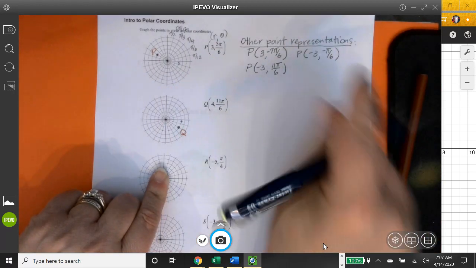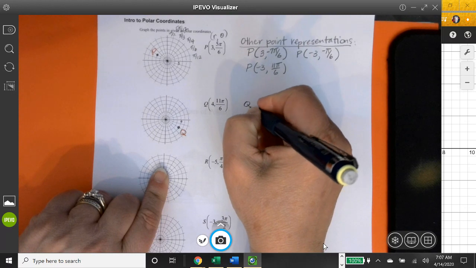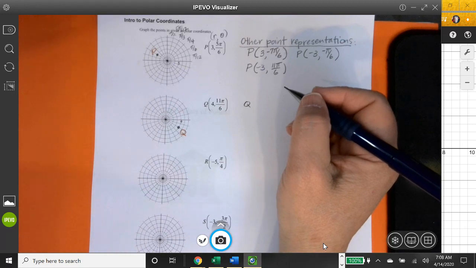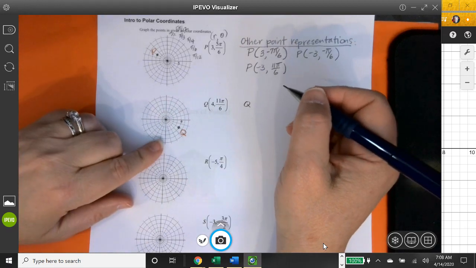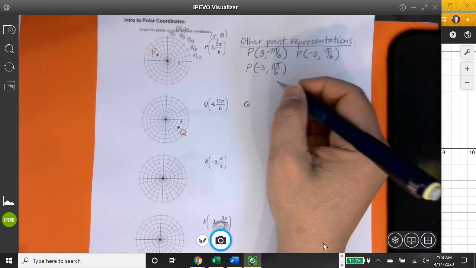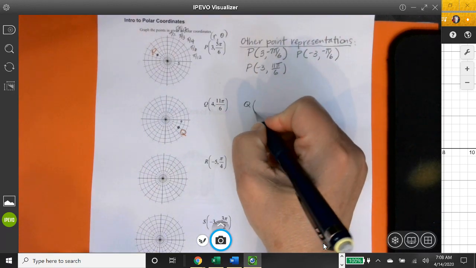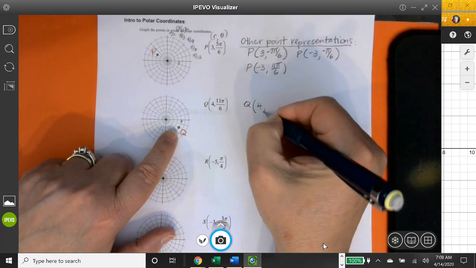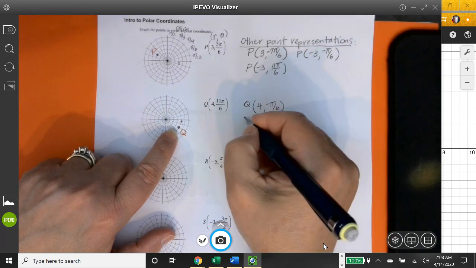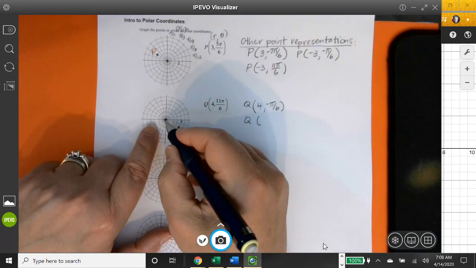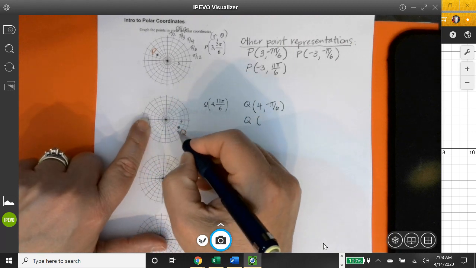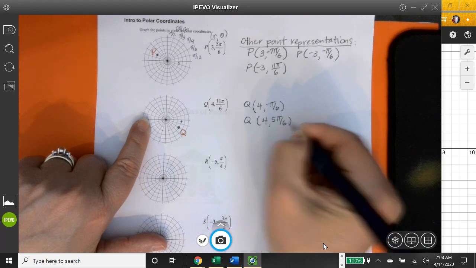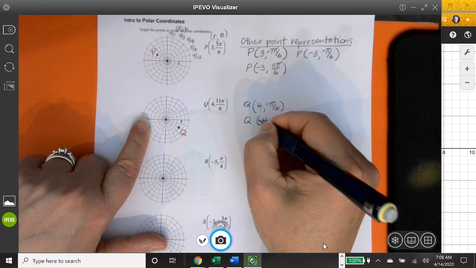All right, now what are my other point representations? I'd like you to pause the video, and you do it, and then check your answers with mine. Oh, welcome back. All right, here we go. So Q could also be represented by, if I go out radially 4 and I go clockwise, negative pi over 6. And then I could also go out negatively, 1, 2, 3, 4, and then rotate counterclockwise, negative 5 pi over 6, I'm sorry.